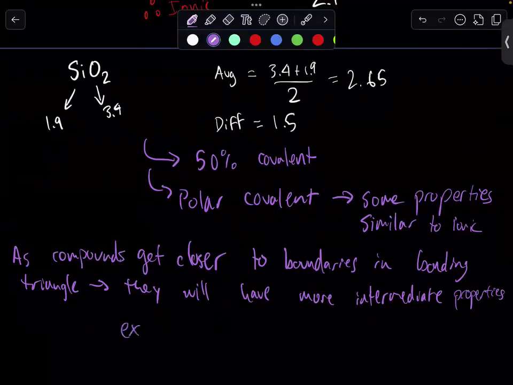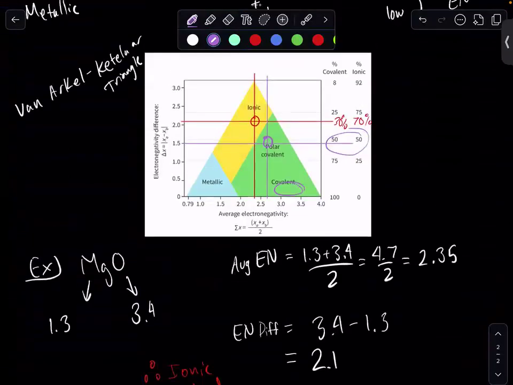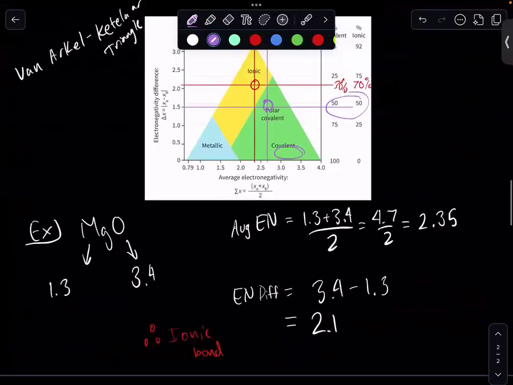So we could do a couple examples within covalent networks. Covalent networks generally tend to have very low difference in electronegativity, and so we hang out on the bottom line here. One example might be silicon. Just pure silicon. That has an electronegativity of 1.9. Pure silicon exists right here on this metallic covalent boundary. And it turns out it has very similar properties to a metallic bond.